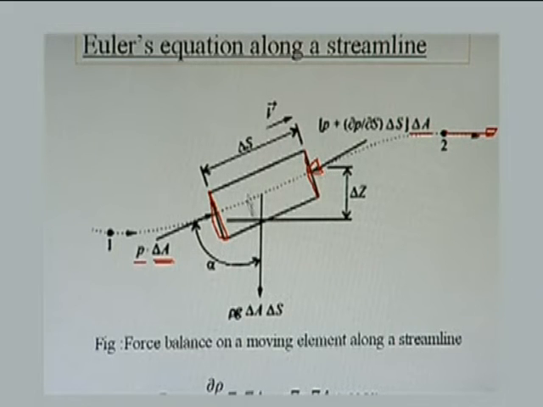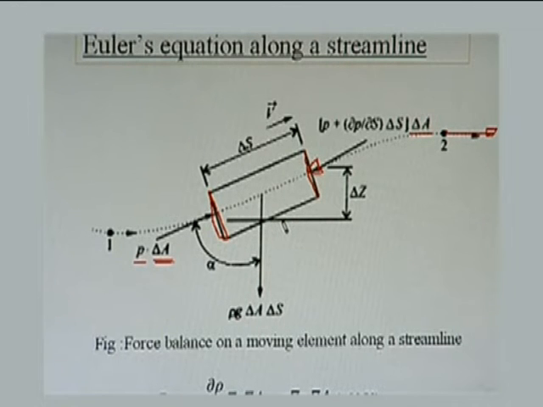and the area of this parallel cylinder is delta A in a cross section. The length of this control volume is delta S. Since we are considering Euler's equation, we are not considering the shear force being applied on this surface, similarly on this surface.